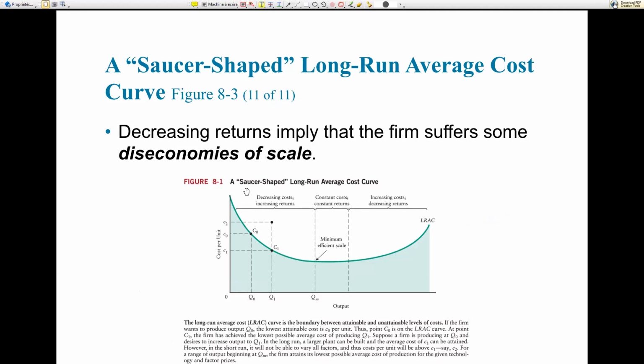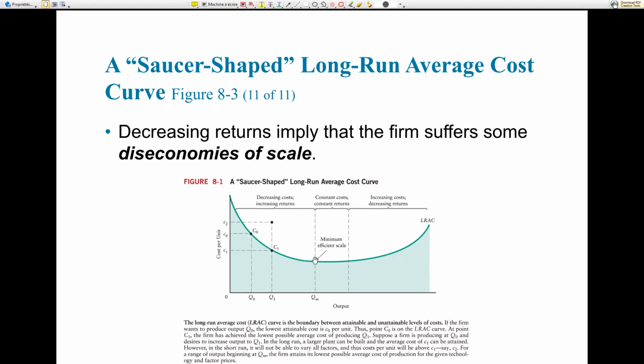Oh, so when we say increasing or decreasing, we're talking about in which direction the curve is going. So here there's decreasing cost because the cost per unit is decreasing as we're becoming more productive. So there is increasing productivity and decreasing cost per unit.